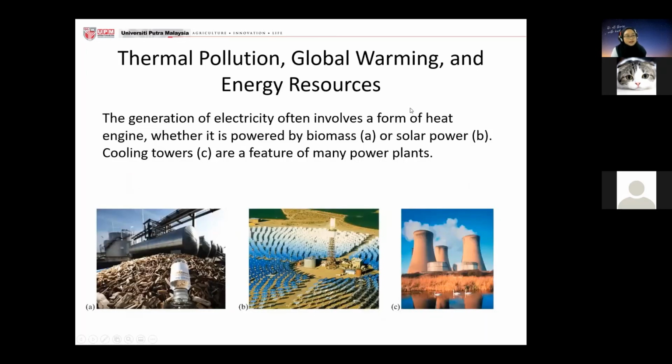All right, so that brings us to thermal pollution. If you think about it, this is like a cycle actually. As global warming increases, the temperature outside is getting higher.